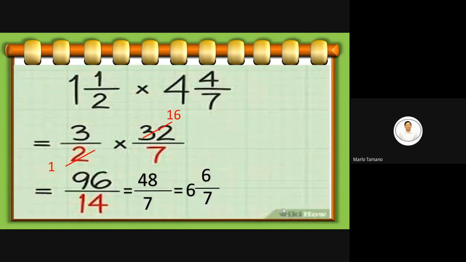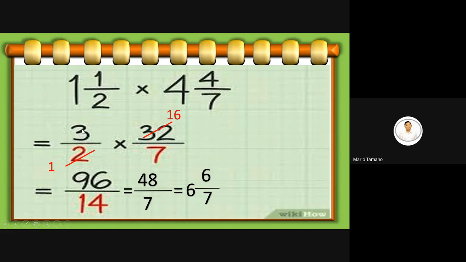Another example we have here: both mixed numbers. So, 1 and 1/2 times 4 and 4 over 7. What shall we do with this? Change the mixed numbers into improper fractions. How to change again? 2 times 1 is 2 plus 1 is 3.